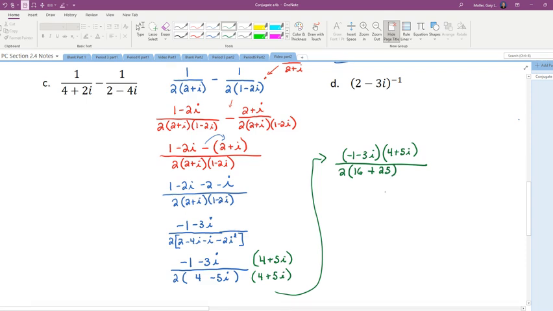Which means in the top, now I'll go ahead and distribute that: negative 4 minus 5i minus 12i minus 15i squared, over 16 plus 25, which is 41. 2 times 41 is 82.